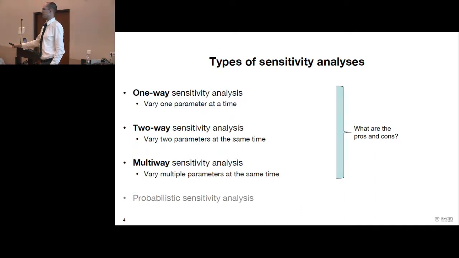I think we're getting exactly to what I tried to say. They all have value, and you use them for different kinds of things. If you want to find out the one single parameter that influences your result the most, then you would do a one-way sensitivity analysis on every single parameter separately, and you would see that maybe the effectiveness of the vaccine doesn't really matter as long as it's within some reasonable range.